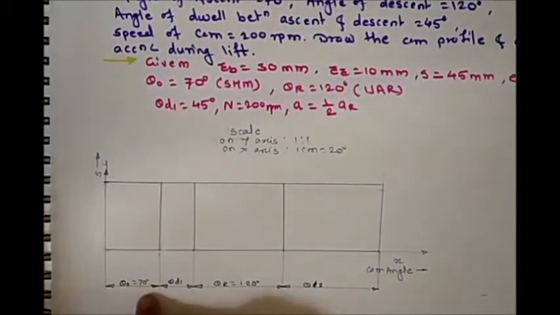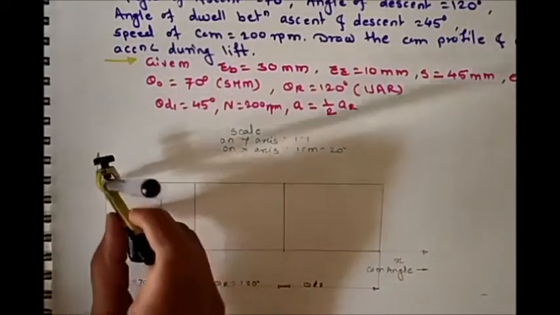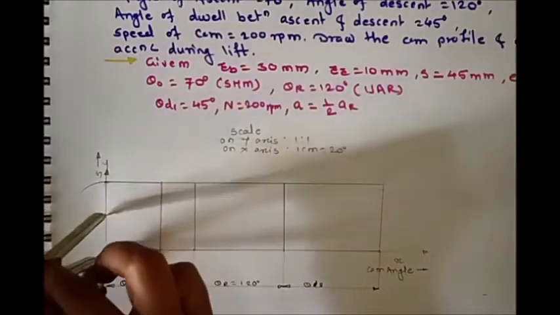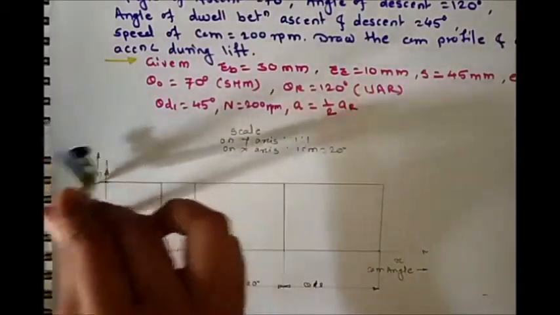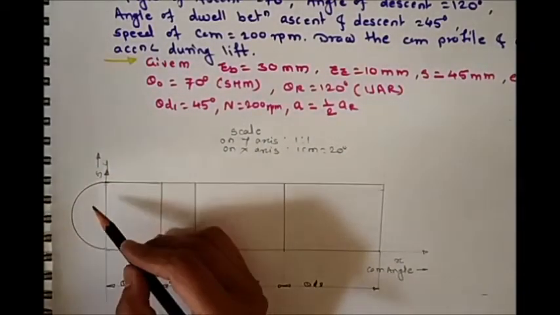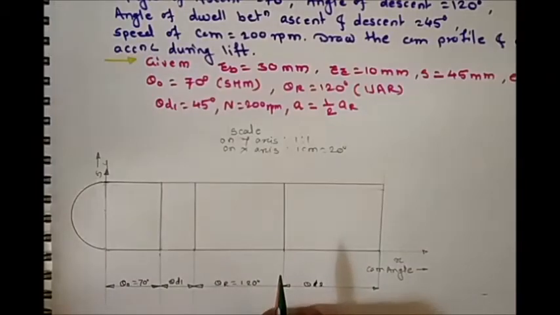Now during the outstroke there is simple harmonic motion, so draw a semicircle, the simple harmonic semicircle, taking the diameter equal to the stroke length. So here we have the simple harmonic semicircle. Now divide this semicircle into 6 equal, even number of parts.